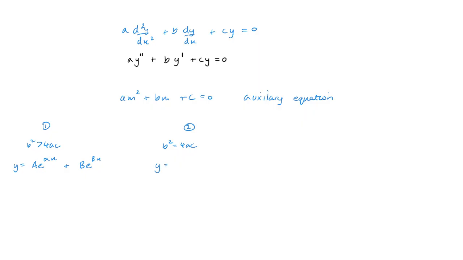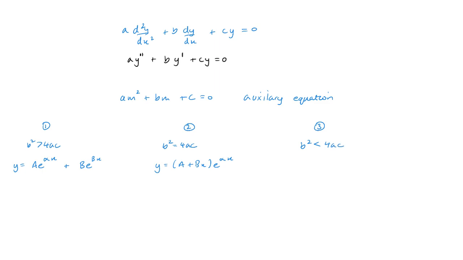And then the general solution will be of this form: a plus bx, e to the alpha x, again where a and b are arbitrary constants. And then there's the third scenario, and you probably guessed it by now, b squared is less than 4ac.